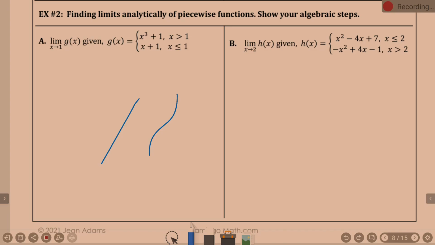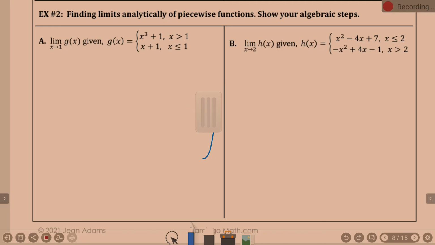Like we could have the line, and then it could pick up like that, okay? We could also have the line, and then we could have it pick up like that and them not be connected. Okay, so that's what we need to figure out, what's going on with this limit.